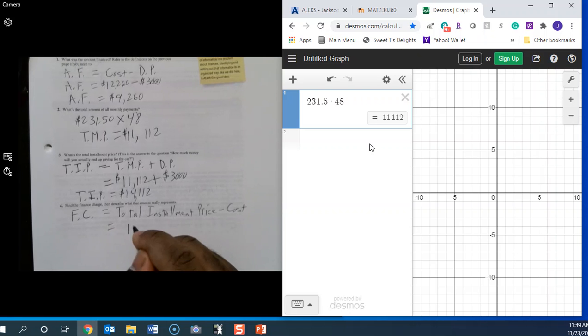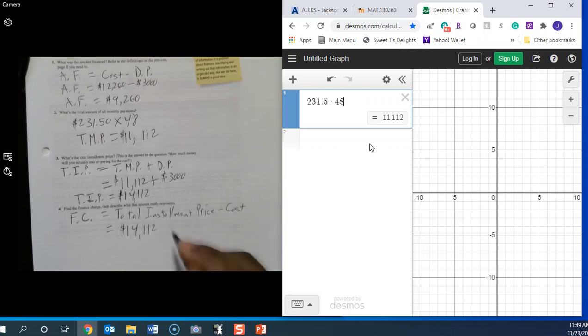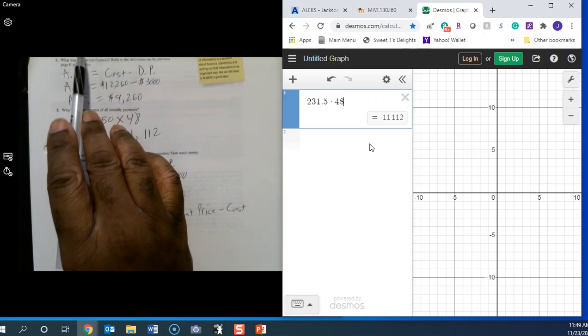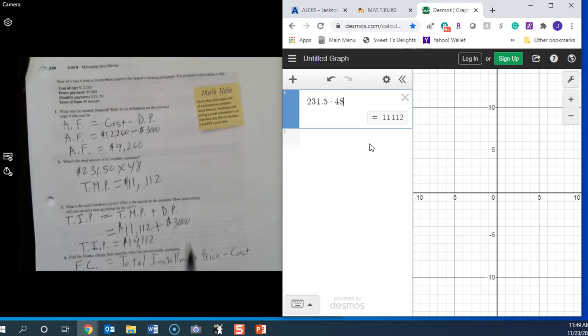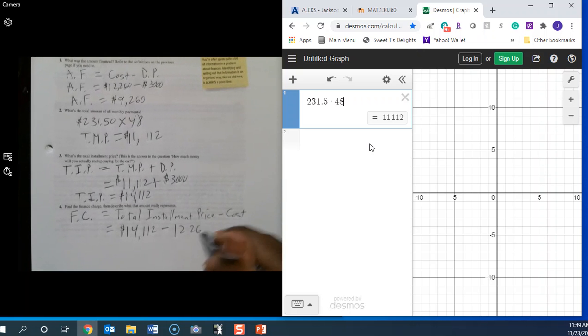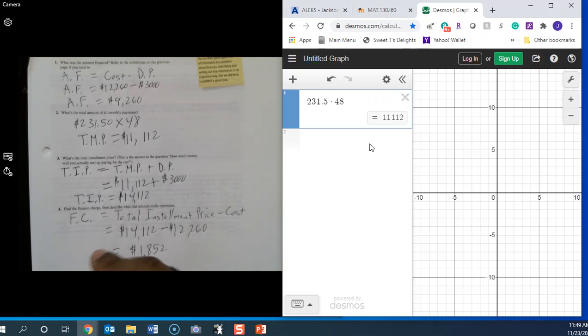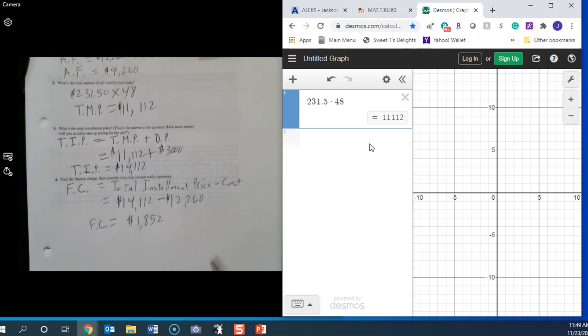So the total installment price was $14,112 minus the cost. The cost is what we have for the cost of the car, which is up here, $12,260. So our finance charge would be $1,852. That will be our finance charge.